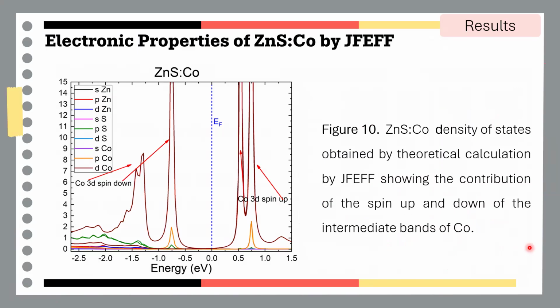Finally, the cobalt-doped zinc sulfide by JFEFF 2 is shown, which also significantly modifies the electronic structure of the material, generating cobalt-associated states within the band gap region, similar to those observed for chromium.